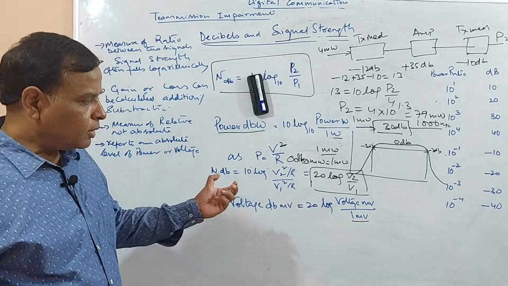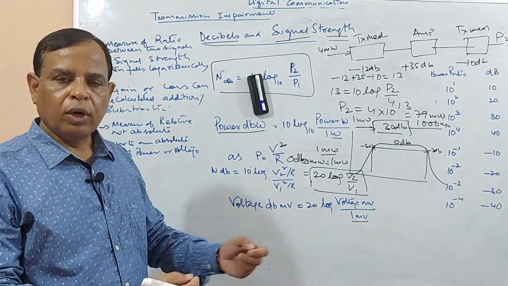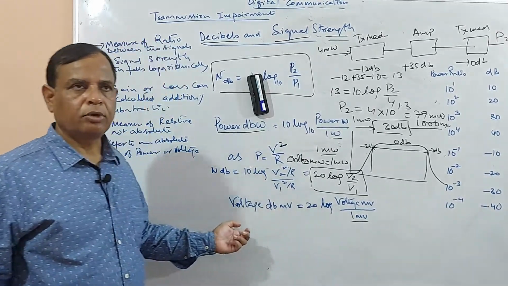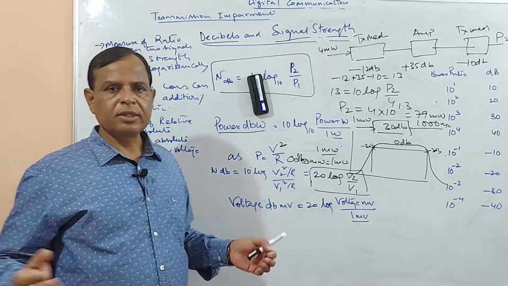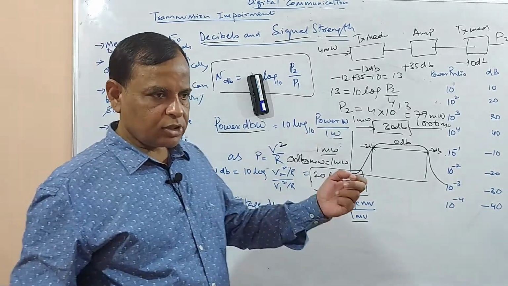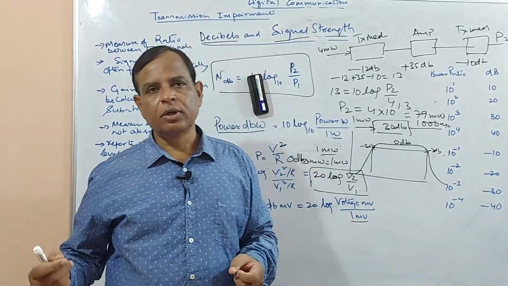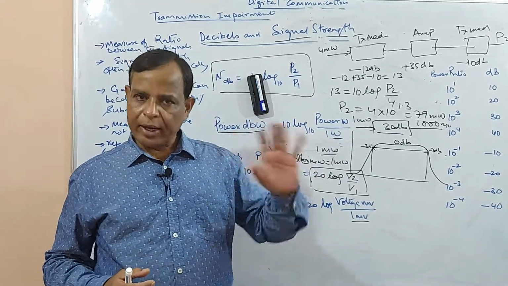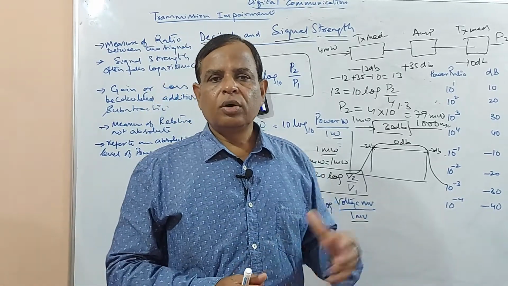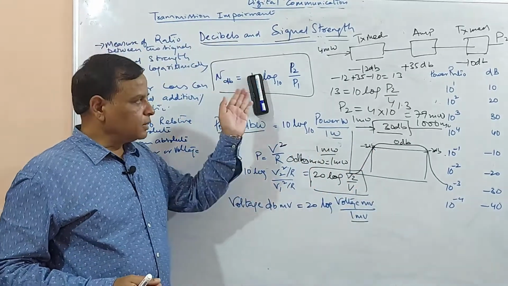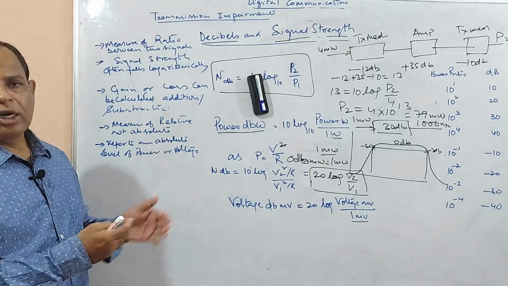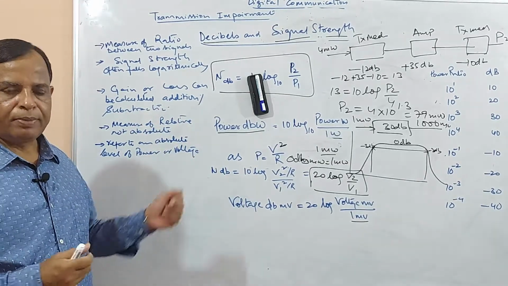So the people who work in this particular area will be talking in terms of millivolts. For maintenance also, when they start measuring the powers in terms of millivolts at different levels, they can easily identify where actually the problem is. So there is an important application of the decibel at different places.